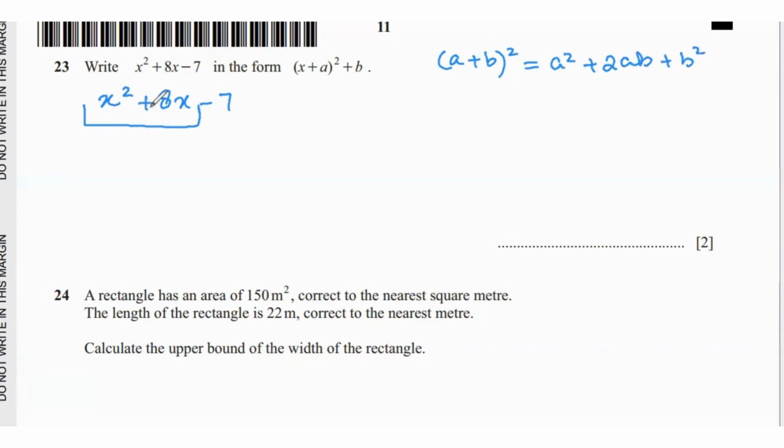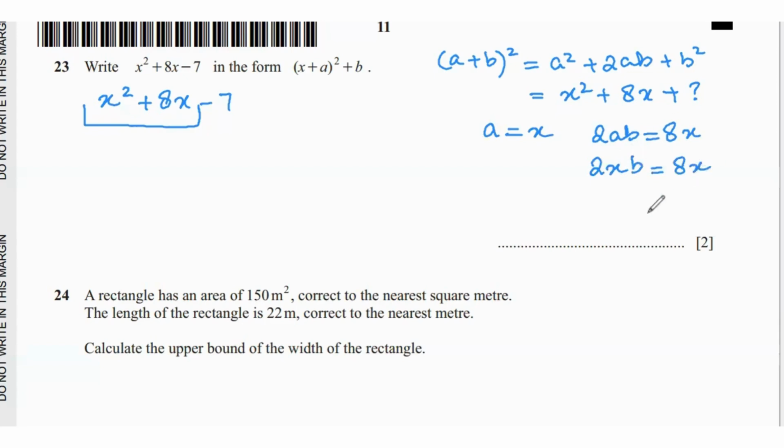If we compare this, our a squared is x squared, our 2ab is 8x, and b squared is what we're trying to find, the question mark over here. So a is x, and 2ab is 8x. Replace a with x, so 2xb equals 8x, and b would be 4.